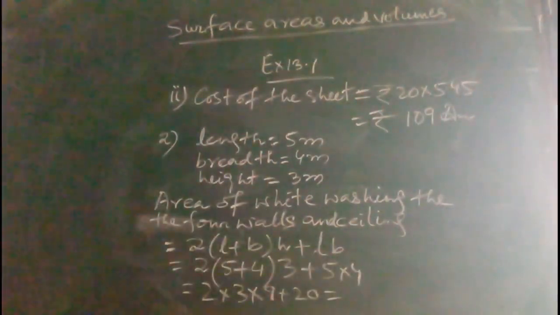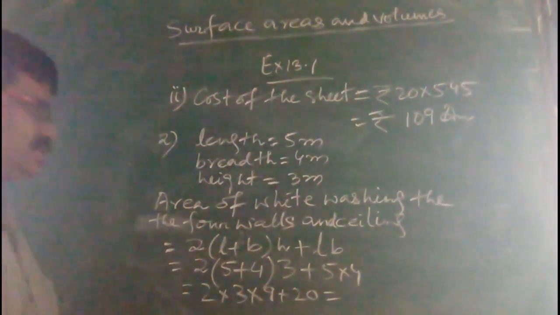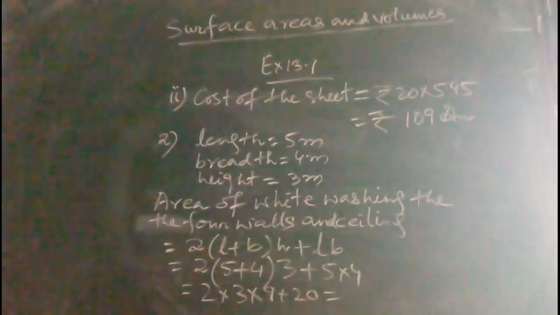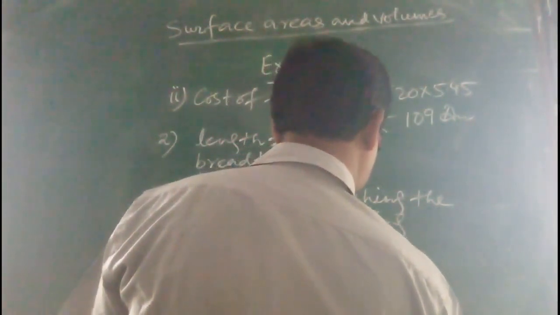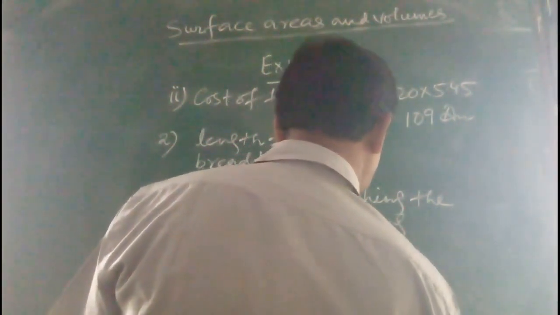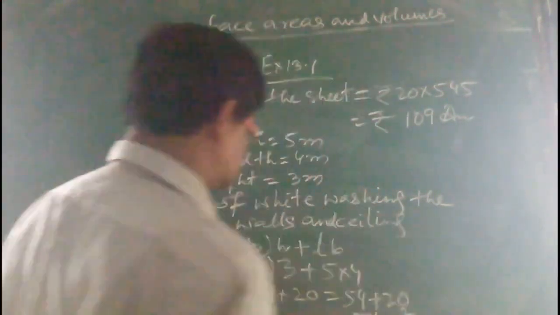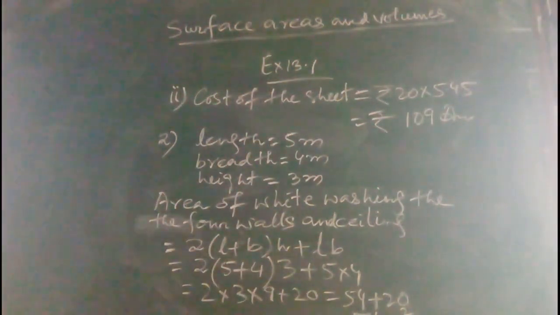Now I multiply these, then add 20 with it, 54 plus 20, 74 meter square. So area of whitewashing portion is 74 meter square.